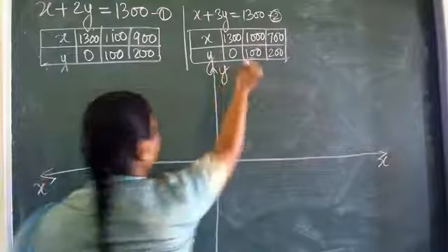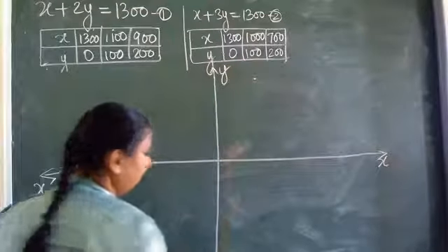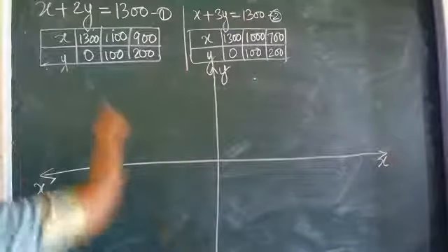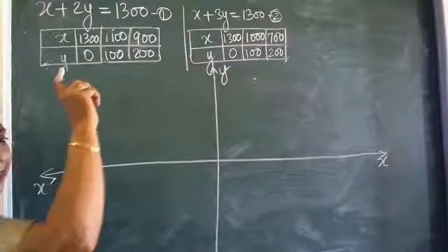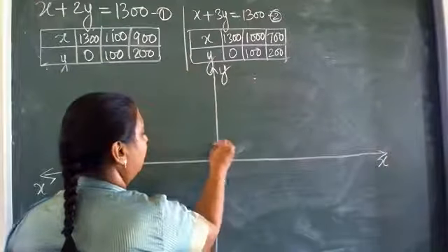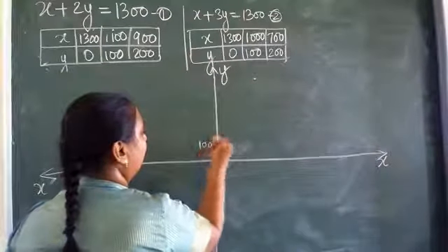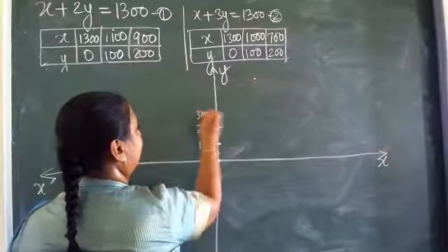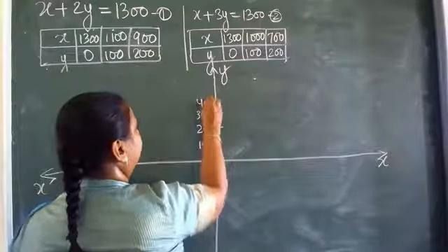This is the positive y-axis and this is y dash, the negative axis. According to the scale, in y we are taking a gap of 100. So this is 0, first we take 100, then 200, 300, 400.